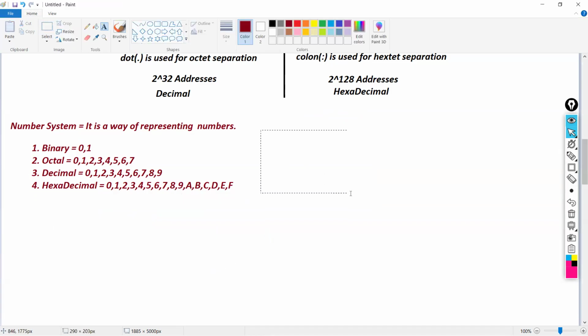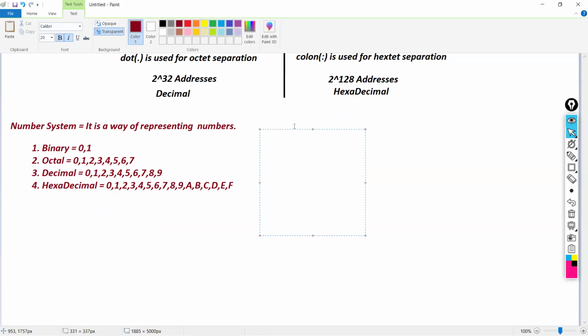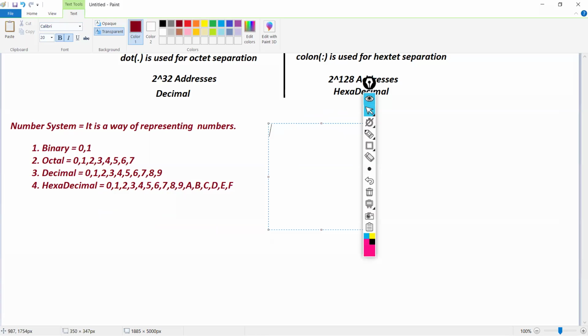Now here the value of A is, guys, there is some issue. Am I audible? I don't know, the internet is also going. Yes, it is gone. Our internet will take some time.